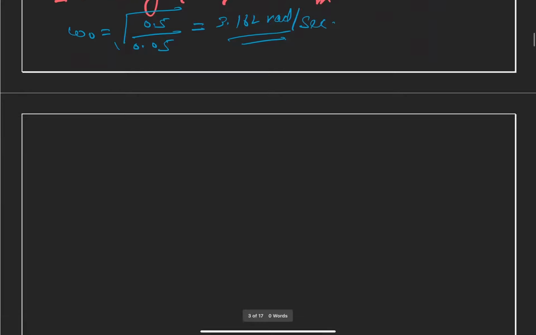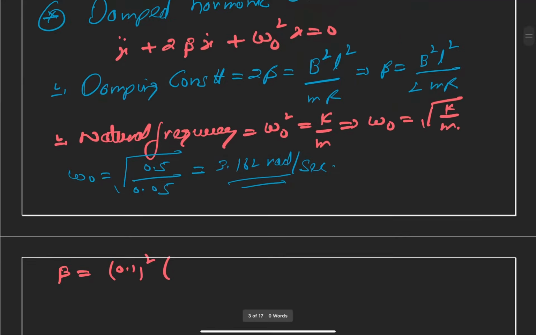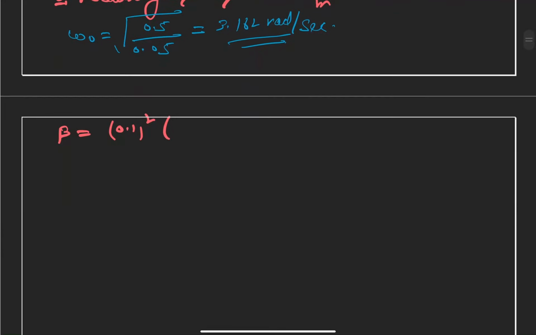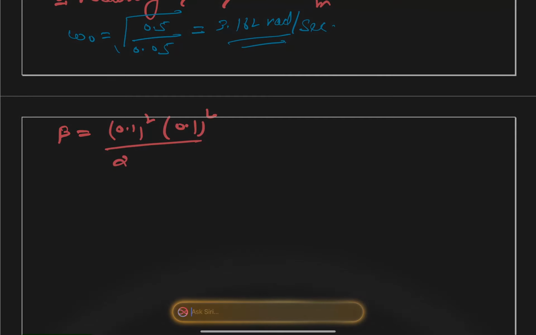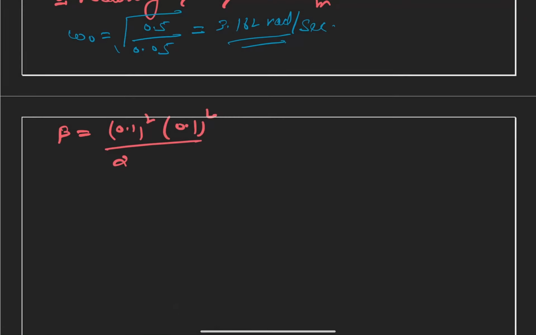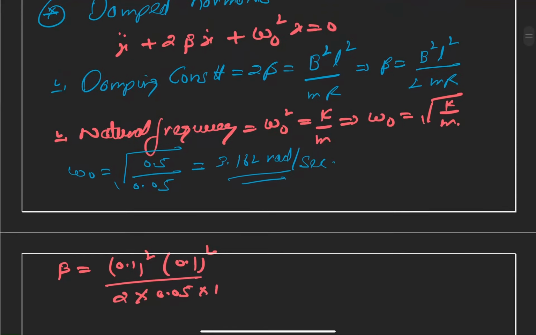Similarly, we can calculate our beta. Beta will be equal to 0.1 whole square, and we have length, that is also 0.1 whole square, and divided by our 2 into 0.05 into, I think, what is this, radius?